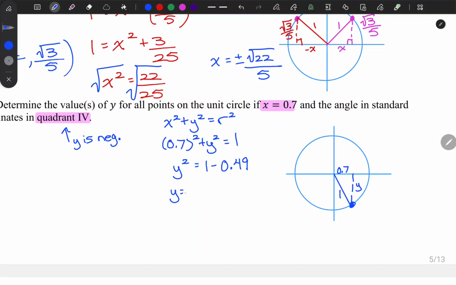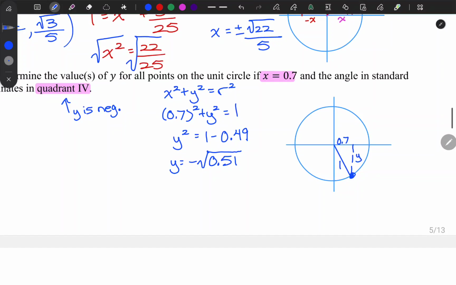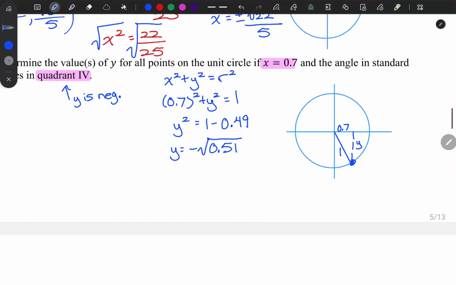So y is equal to, we take the square root, but we specifically take the negative square root of 0.51. That is a slightly more exact answer, but that one is not really fully simplified because we have a decimal inside a radical. If we wanted a more practical answer, let's just go to 2 decimals. This is negative 0.71.